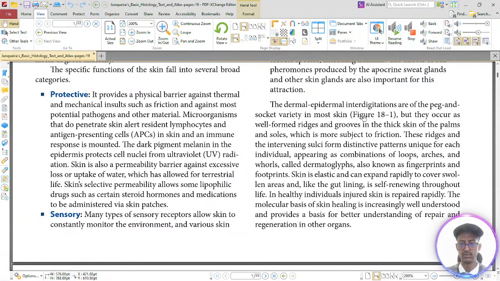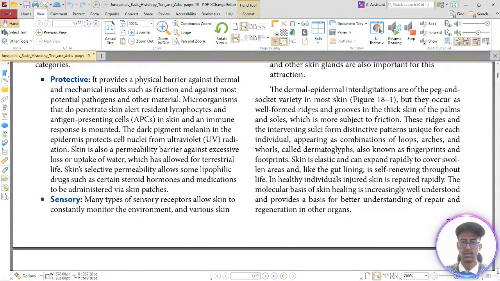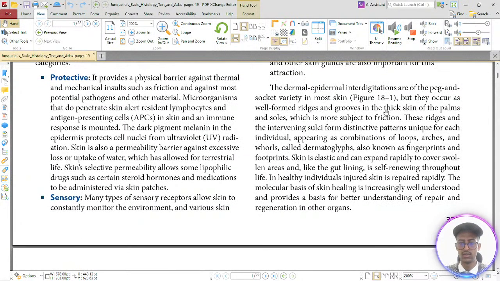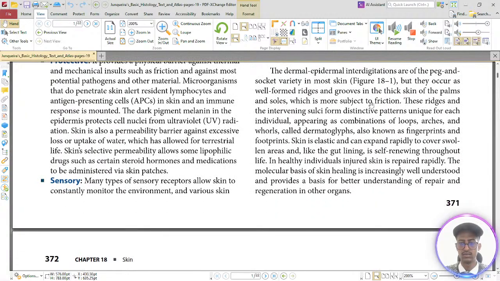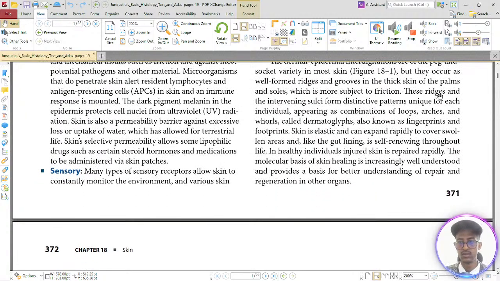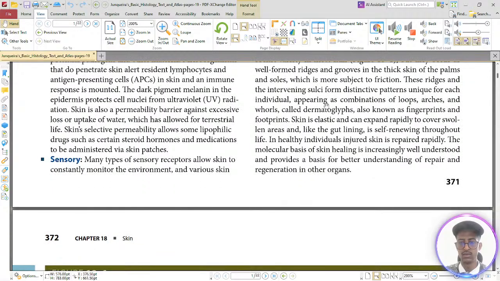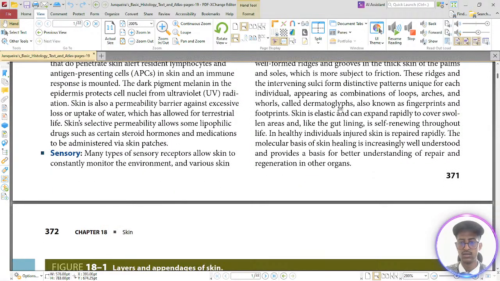sockets buried in the skin, but they occur as well-formed ridges and grooves in the thick skin of the palms and soles, which is more subject to friction. These ridges and the intervening sulci form distinctive patterns for each individual, appearing as combinations of grooves, arcs, and holes called dermatoglyphs, also known as fingerprints and footprints.